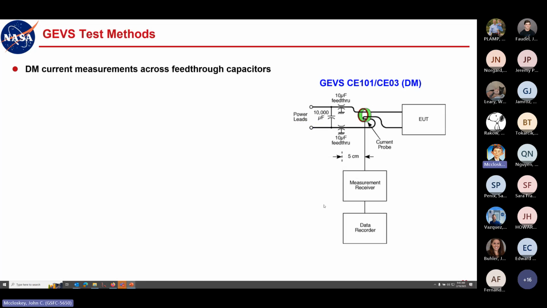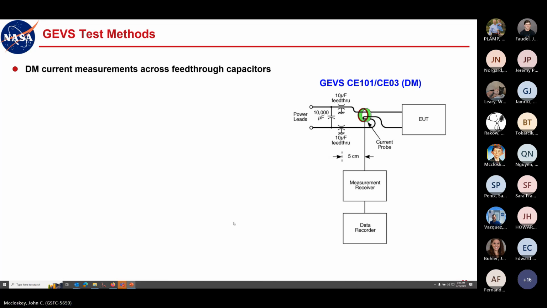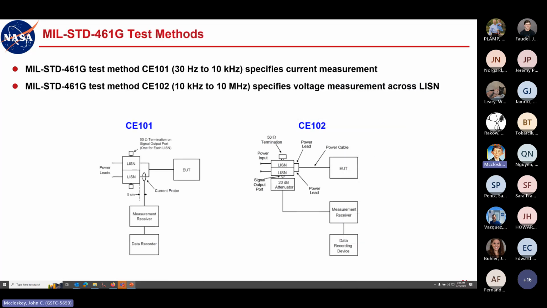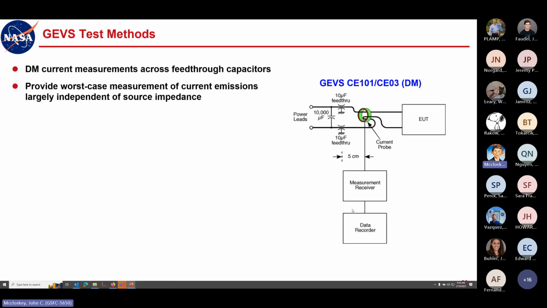Okay, so the differential mode current measurements are made across the feed-through capacitors. So getting back to our capacitor network. They provide a worst-case measurement of current emissions that are largely independent of the source impedance.